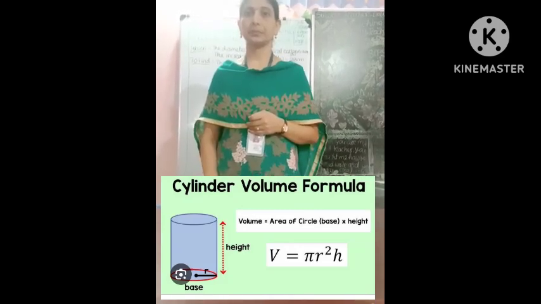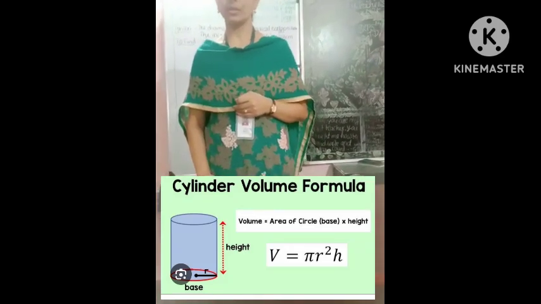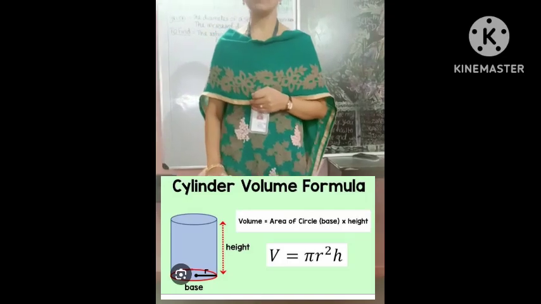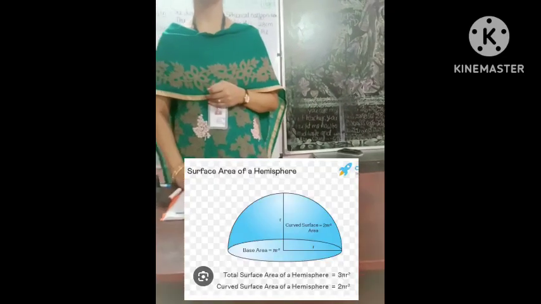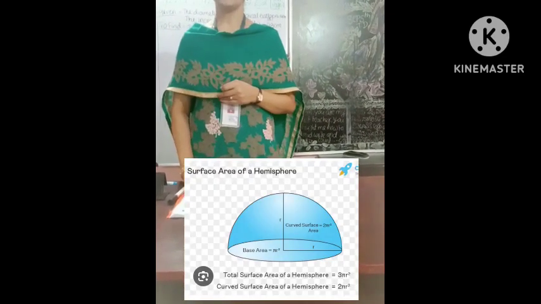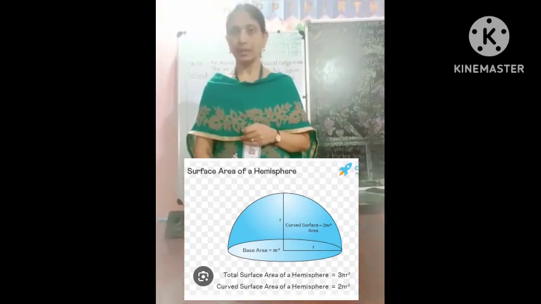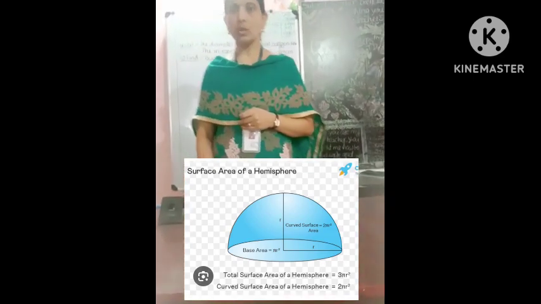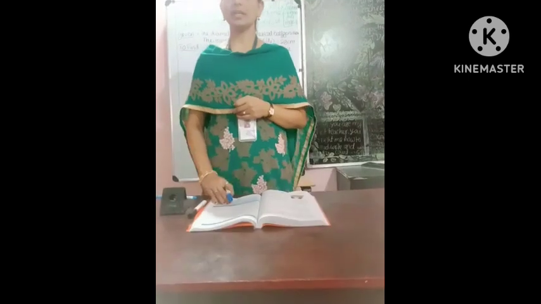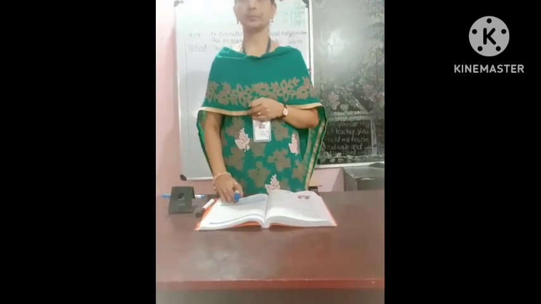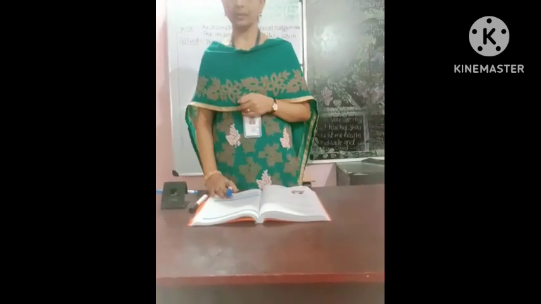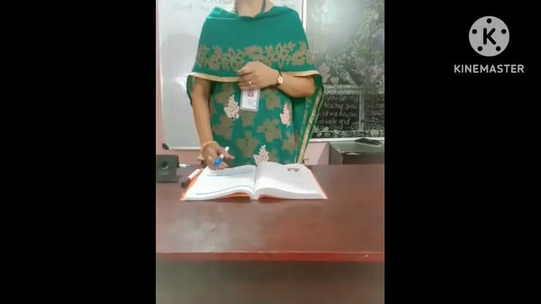Pi r square h. Very good. What is the formula for the curved surface area of the hemisphere? 2 pi r square. Very good. What is the total surface area of the hemisphere? 3 pi r square. Very good. Based on those formulas, today we will learn the remaining problems.